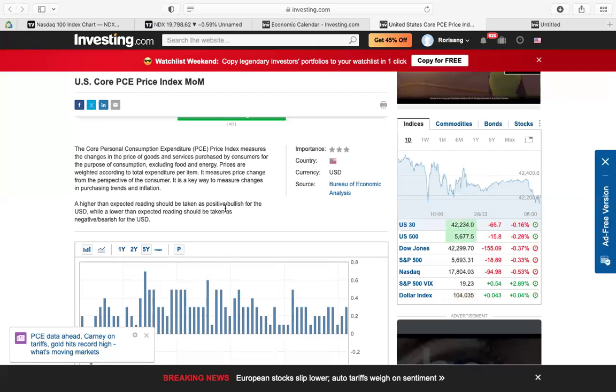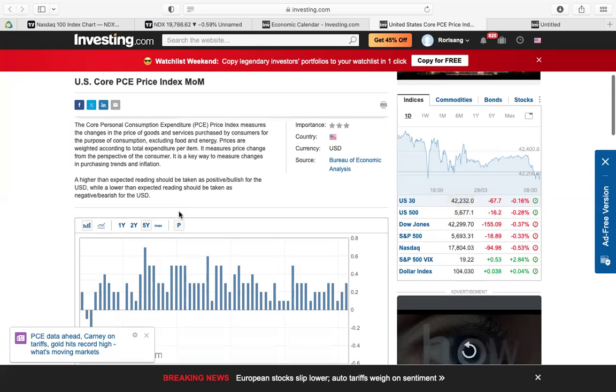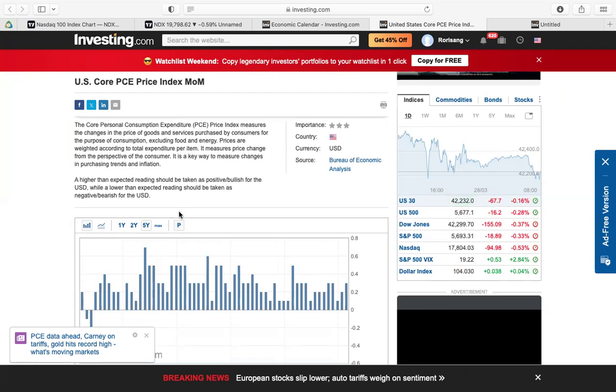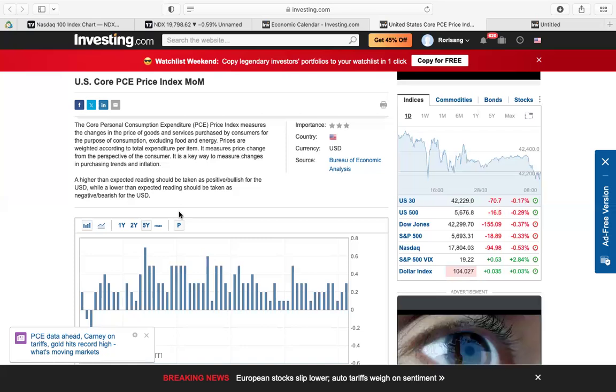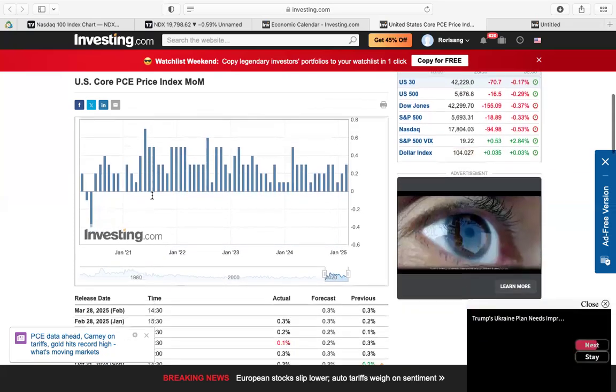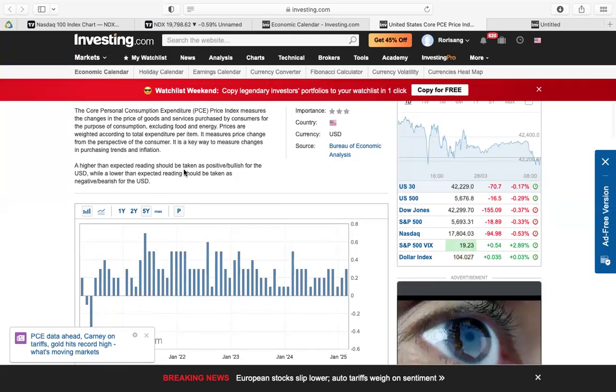It says, the higher than expected reading should be taken as positive, bullish for the USD, while a lower than expected reading should be taken as negative, bearish for the USD.